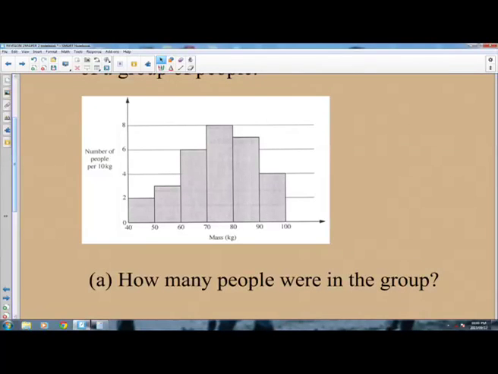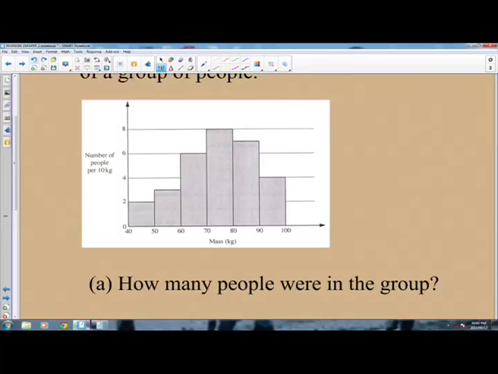For 50 to 60 as the mass, the number of people is 3. For 60 to 70, it is 6, then 70 to 80 is 8, 80 to 90 is 7, and 90 to 100, we have 4.